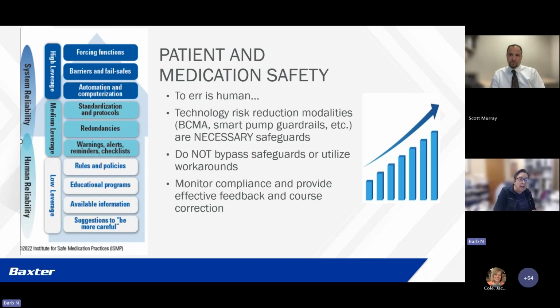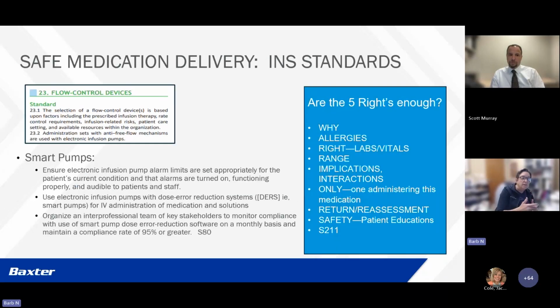So monitoring compliance and making sure that the actions we're working on together are sufficient based on the risk is important. INS standards for safe medication delivery address smart pumps and the guardrails: if facilities have this capability, they should run these reports and maintain a threshold of 95% or greater and work toward that. That's work between nursing and pharmacy, so very important to do.